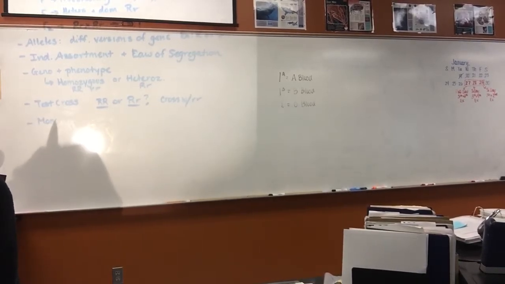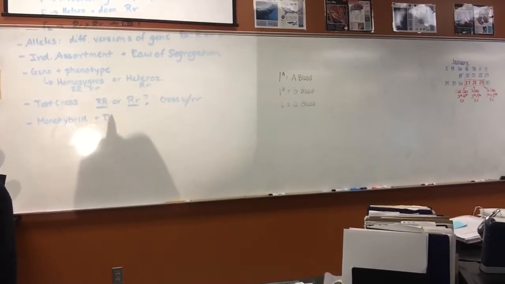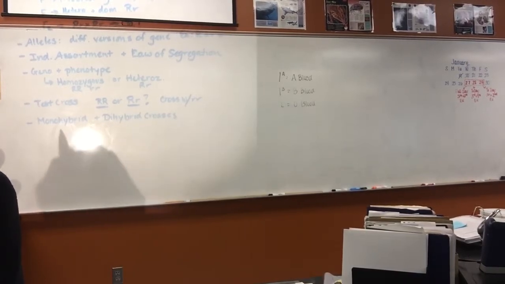And then we had crosses. So we did monohybrid crosses, that's focusing on one trait at a time, and dihybrid crosses, so know how to do those. Know how to do those with genotype and phenotype ratios.